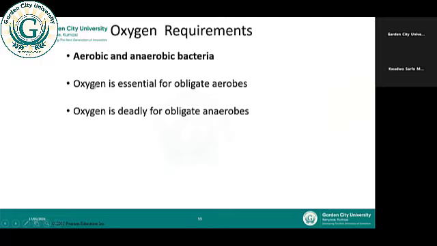So oxygen is essential for obligate aerobes. Obligate aerobes, oxygen only. When I say oxygen only, I mean they need oxygen for their respiration.